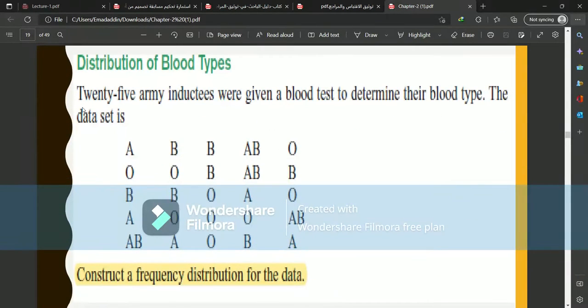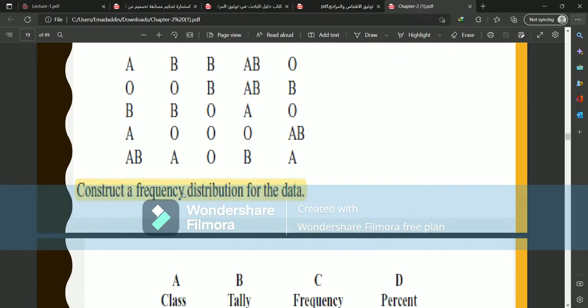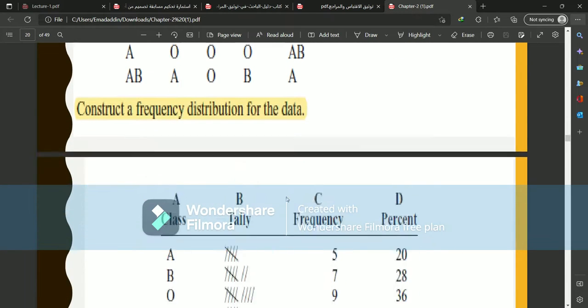Distribution of blood types. 25 army inductees were given a blood test and determined their blood type. The data set is these blood types. Construct a frequency distribution for the data.